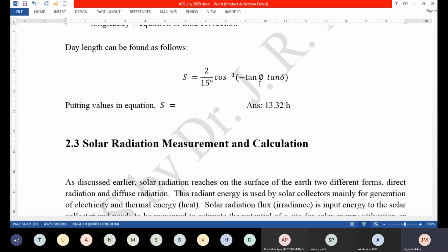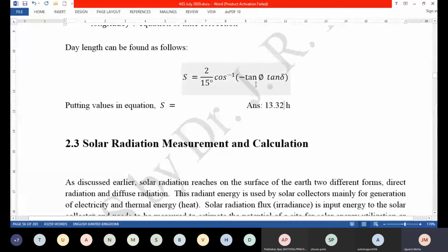So the longer the day, the higher the solar energy you can collect, because your span has increased, right? One of the reasons why India is getting a high amount of solar radiation is that it is near the equator, so you get more radiation.